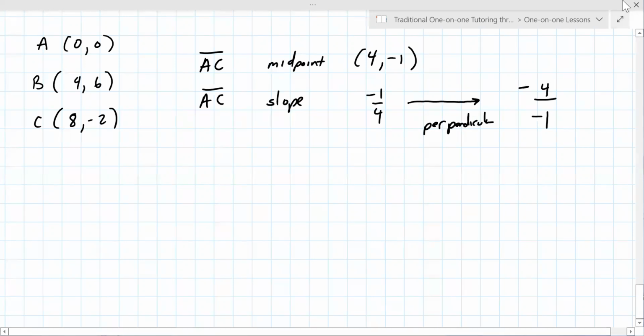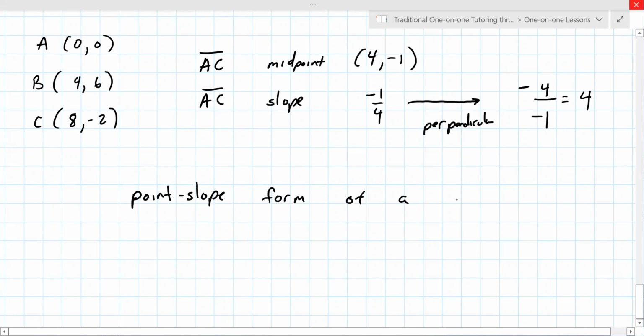So you flip and then negate, flip and then negate. Now what is negative divided by negative? That's a positive, so it's just 4. Positive 4, good.